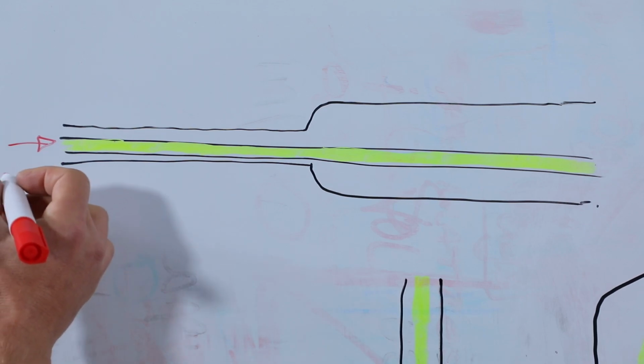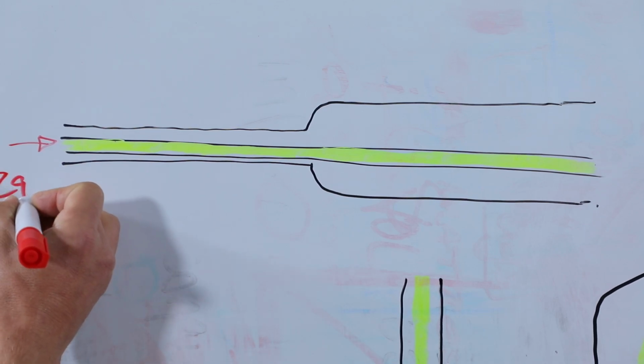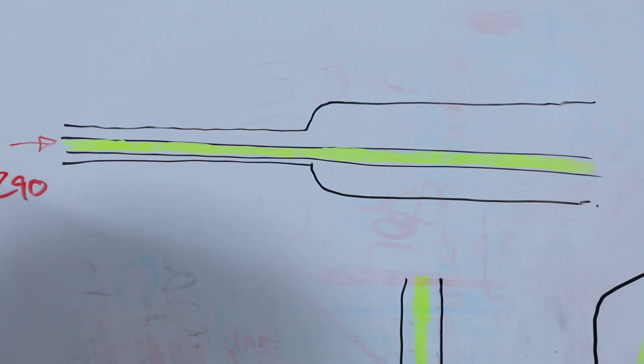And for today's lesson, we're going to call it 290 milliosmoles per litre. So it arrives at 290, and now what your kidney or your nephron does is want to pump out salt and get rid of water. Maintain some of your sodium, but be able to get rid of water.